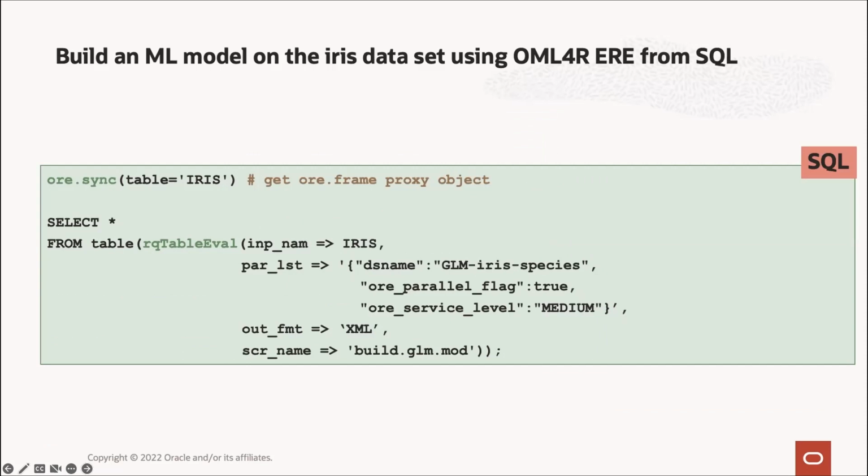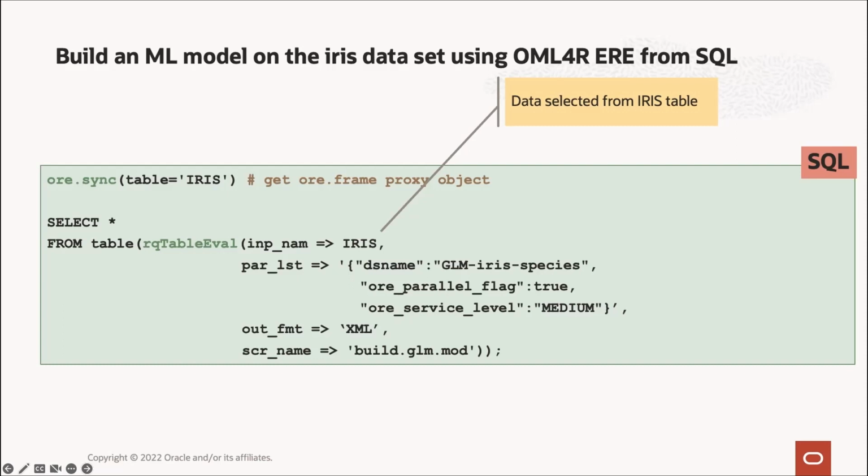We can also build an ML model on the iris dataset using OML4R Embedded R Execution from SQL. We will use rqTableEval to input an Oracle database table, which is the iris table, set the parameters being the data store name, the ORE parallel flag to true, and the ORE service level to medium.